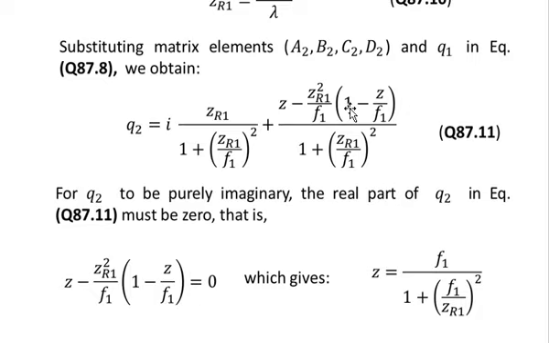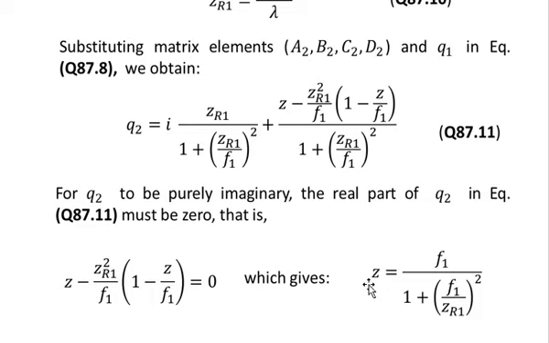That is, the numerator of the real part in equation number 11 has to be 0, because we want Q2 to be purely imaginary. So solving this, we can find out the value of Z. Z is equal to F1 divided by 1 plus the square of F1 divided by ZR1. You see that in this equation, all the quantities on the right hand side are known. So it means the value of Z is known. It means the position of the beam waist within the resonator is known.